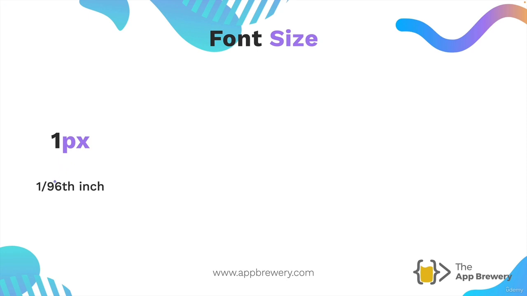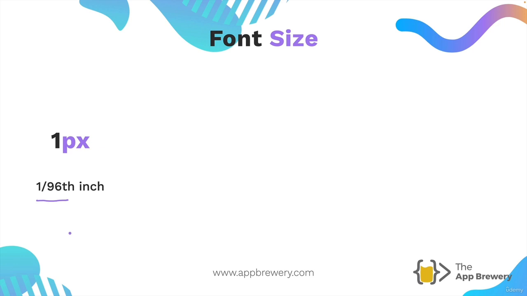1 pixel is about 1/96th of an inch. And the reason why we're using imperial units is because a lot of this sizing for websites and for design work actually comes from the olden days of book printing, book binding, and it was very traditional. If you know how big an inch is, then you know how big 1/96th of an inch is.